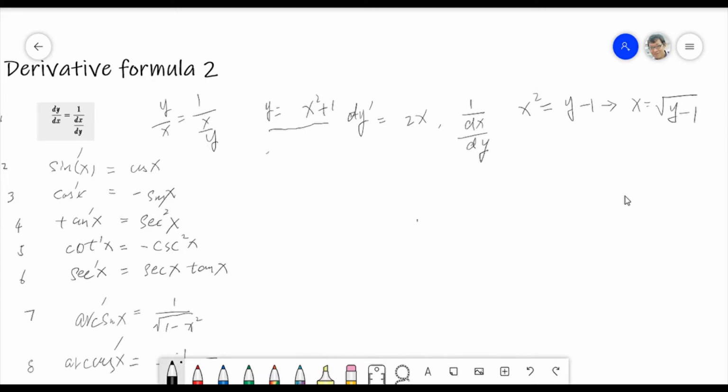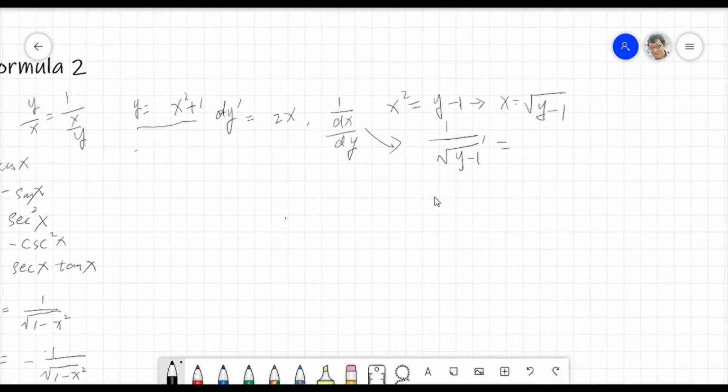So dx/dy is the derivative of the square root of y minus 1.